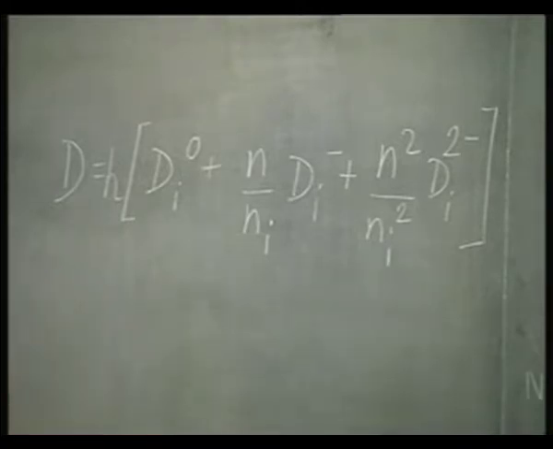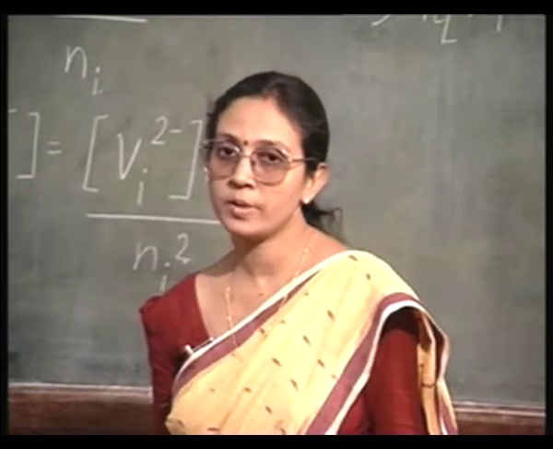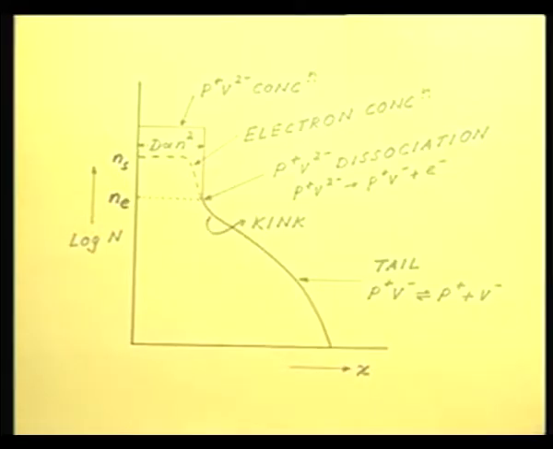Therefore, near the surface where the dopant concentration is very high, the dominating term is going to be this. So, that is what I have also shown here, that in this flat topped region D is proportional to n square. Okay. And since D is proportional to n square, this is going to be really very abrupt.